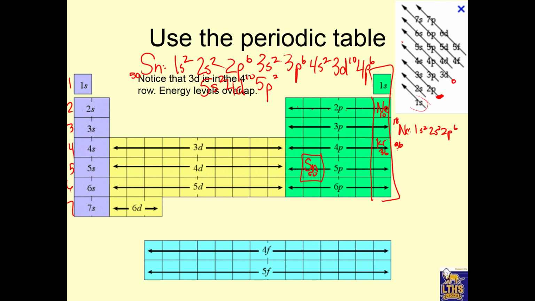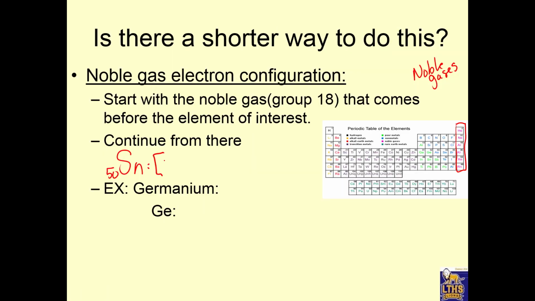So this whole part right here is krypton's electron configuration. I could put brackets, symbol Kr for krypton, and I've just done all of the electrons for krypton. So 36 electrons have been taken care of. Here's krypton right here.